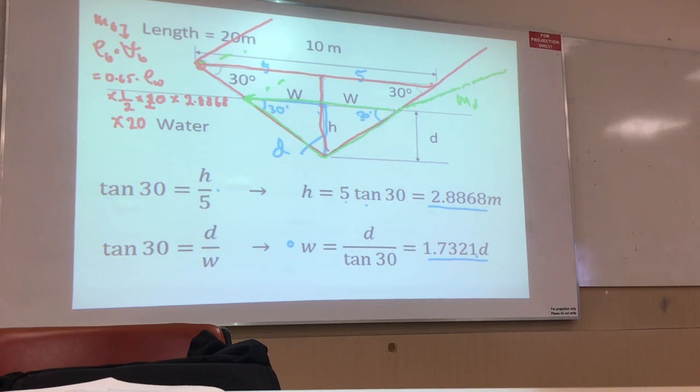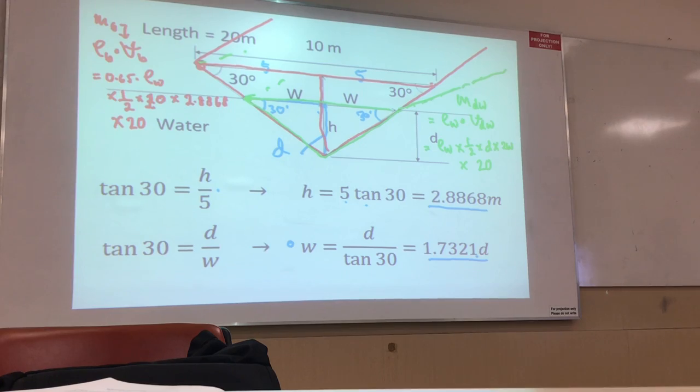Mass of displaced water is equivalent to rho of water times volume of displaced water. Then I can write rho of water times, what is the displaced water volume? Half times D times 2W, times 20. Am I right?